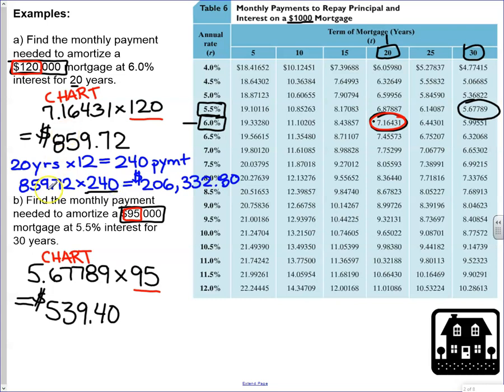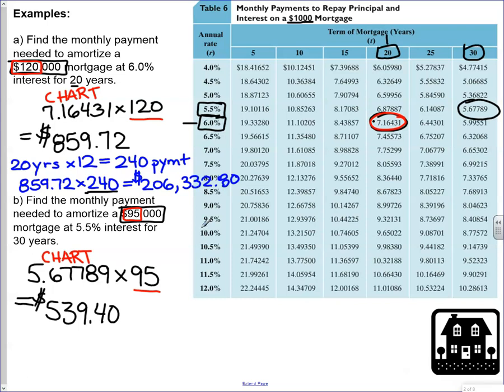So $859.72 times 240 is $206,332.80. So that's actually how much we pay for that $120,000 house. We end up paying $206,000 over those 20 years.